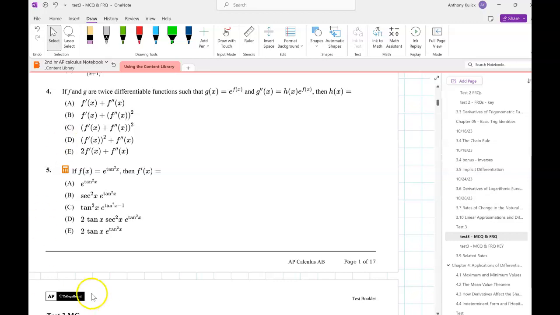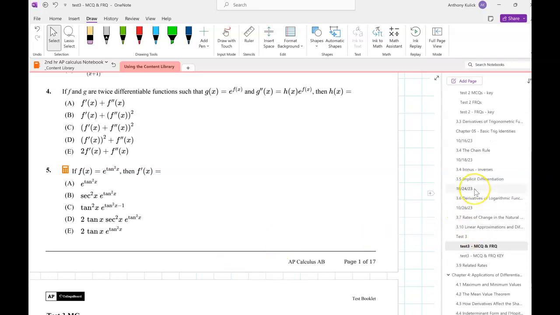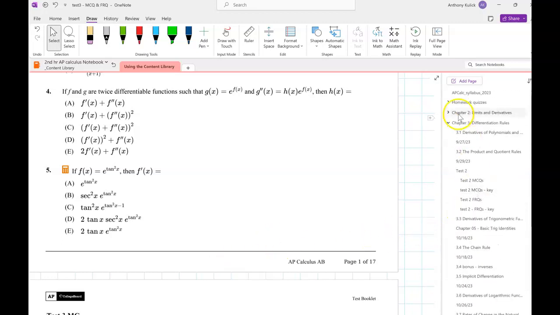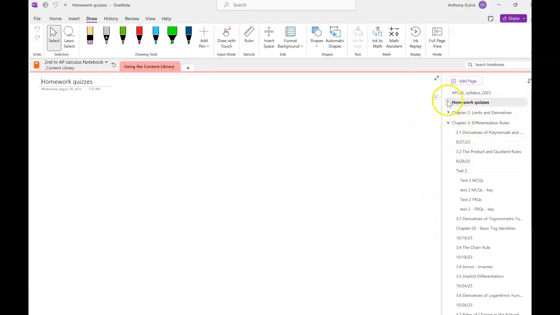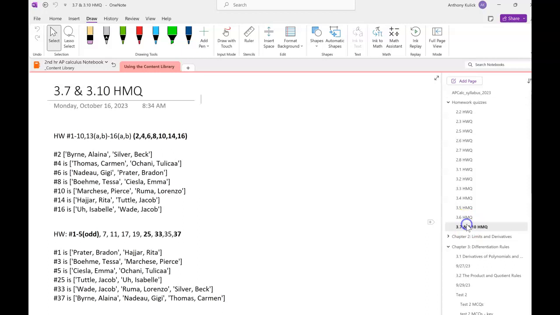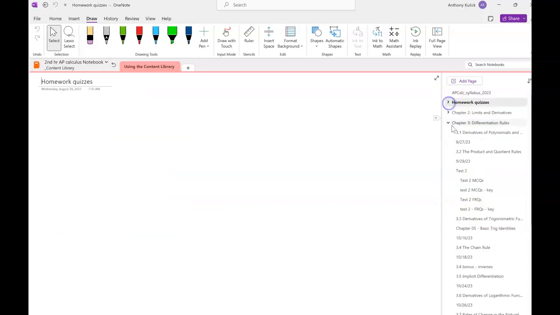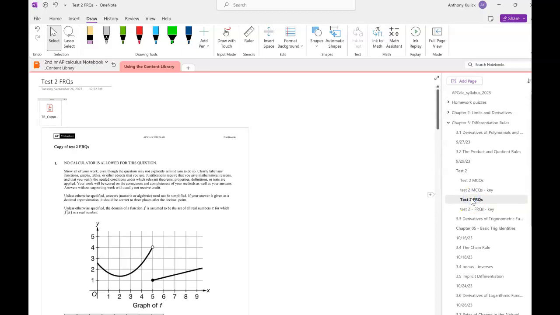Which section do you want to do first? Tessa? Okay. 3-7. Okay. Let's say you can do 10. Oops, that's not the right section.